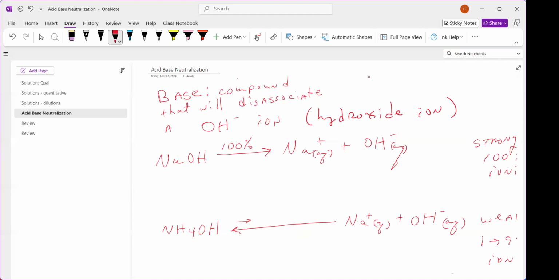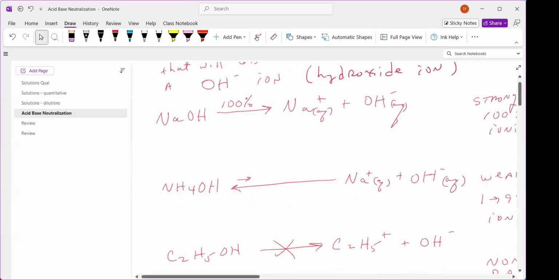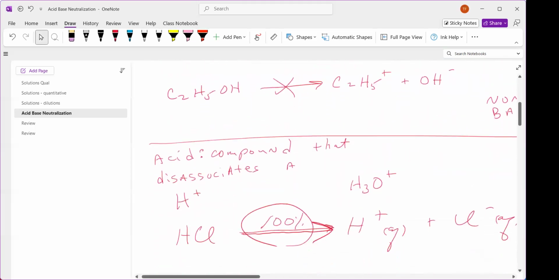Okay, so we have strong bases, weak bases, and no bases, just like with acids. Strong bases, there are only two that you need to work with here.